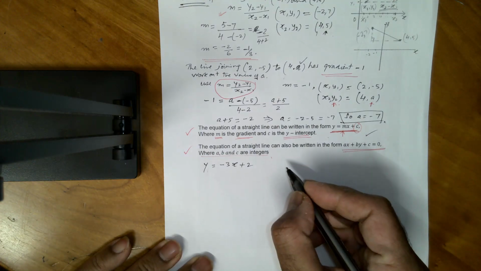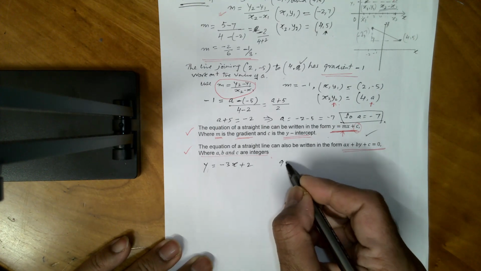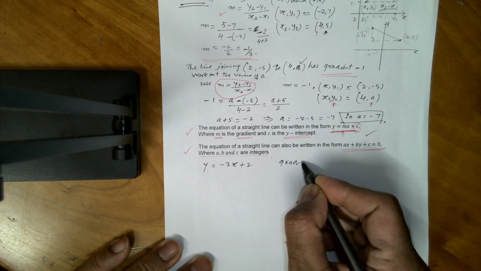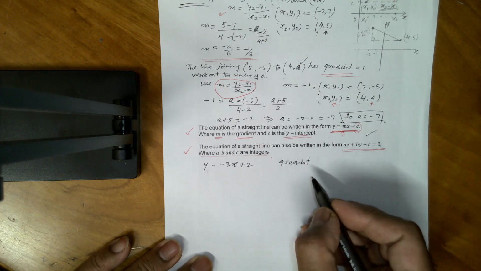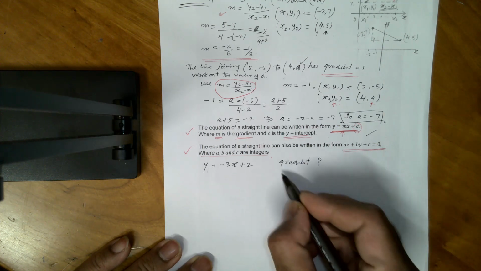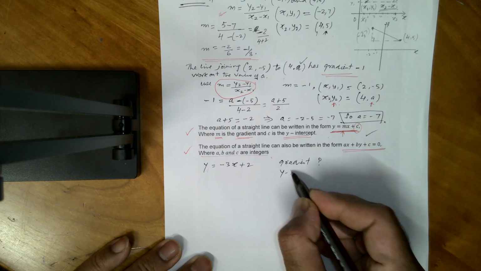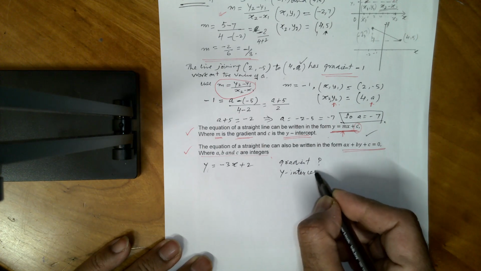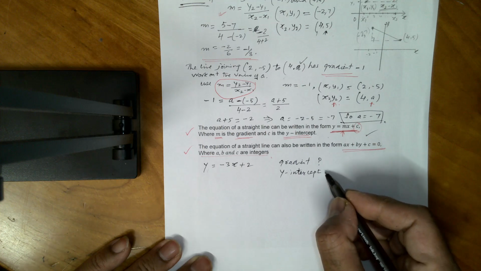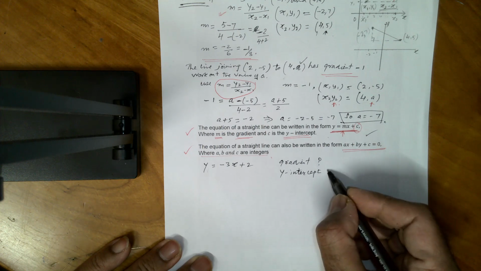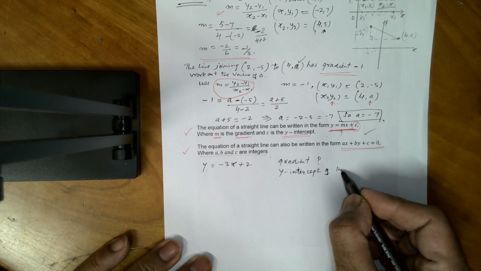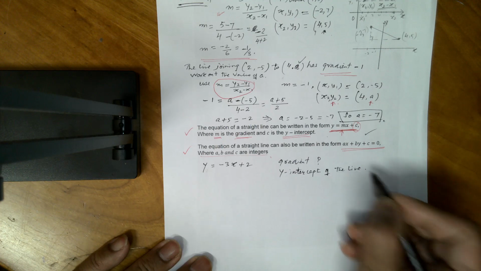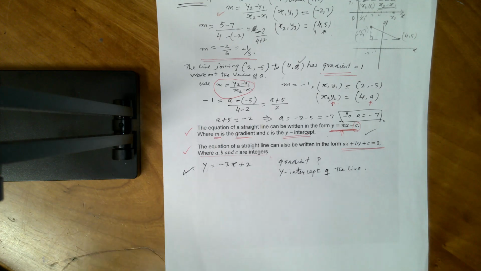So it's asking you the gradient, and it's asking you the y-intercept of the line. This is what the question has given you already.